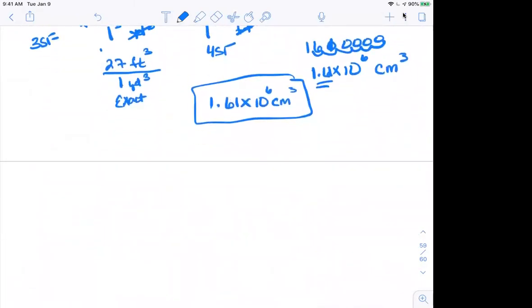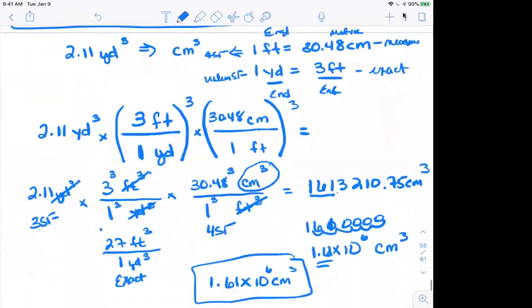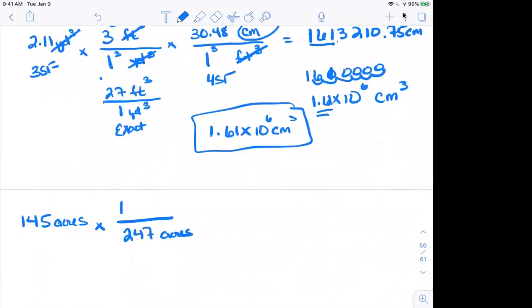So let's look at this. I have 145 acres. And then I know that I have 247 acres for every 1 kilometer squared. I also know that for every 1 kilometer, I have 1,000 meters, but I need to square that.